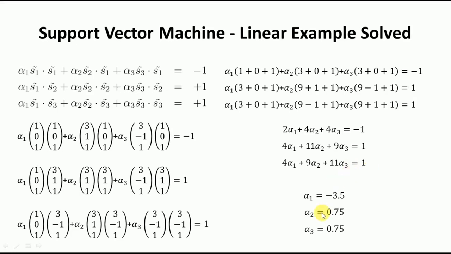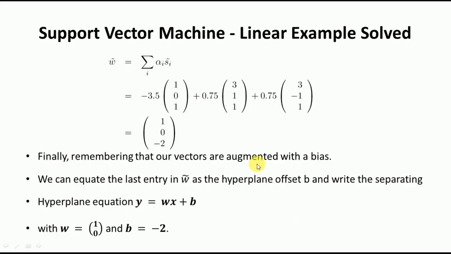Now once you get the three values of three variables, we need to calculate the weight vector, that is W tilde, which is equal to the summation of alpha i Si, where i is the number of nearest data points. How many nearest data points do we have in this case? Three. So it will be alpha 1 S1 plus alpha 2 S2 plus alpha 3 S3.